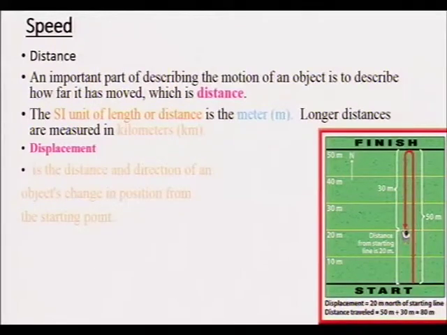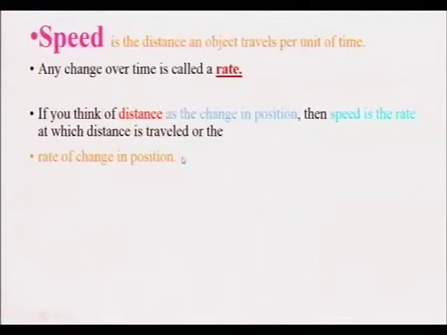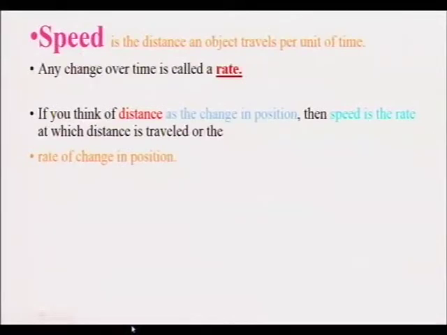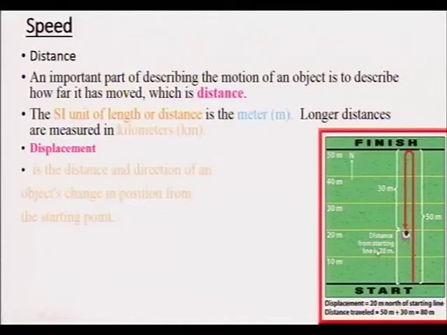And then we look at the concept of displacement. What is displacement? Displacement is nothing other than a change in position. Here we have an example of how to figure out the displacement.